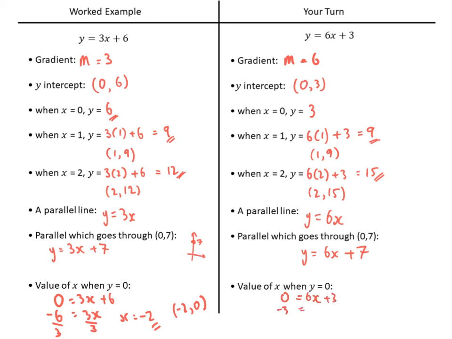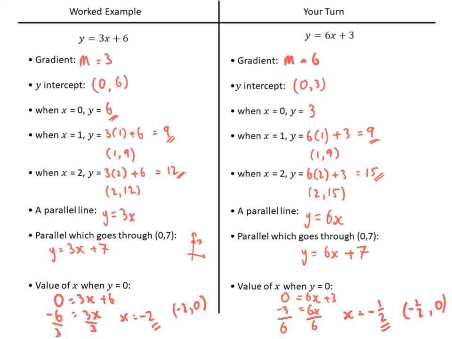I will subtract 3 from each side, and then divide each side by 6. So that will give me x equals negative 3 over 6 goes to 1/2, which I could, if I wanted to, interpret as the coordinate negative 1/2, 0.